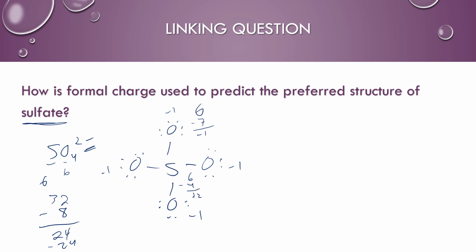We can minimize formal charges by changing lone pairs into double bonds, bringing this oxygen down to 0 and this sulfur to just +1. I can do that again and change another lone pair to a double bond, bringing both of these down to 0 and minimizing the formal charges. So we know that the structure of sulfate is going to have 2 double bonds in various places, but that's much more preferred than having the 4 single bonds.